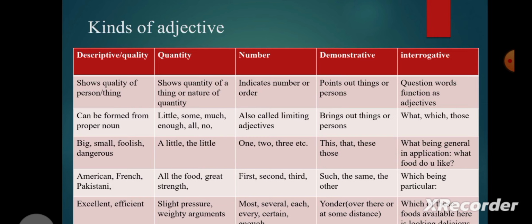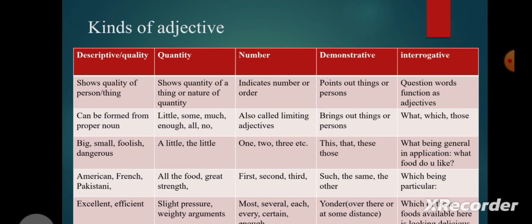France is a proper noun, and French will become the adjective of quality. In the same way, Pakistani from the word Pakistan. There are two other adjectives of quality like excellent and efficient. So you may use the sentence like she is an excellent singer and he is an efficient officer.